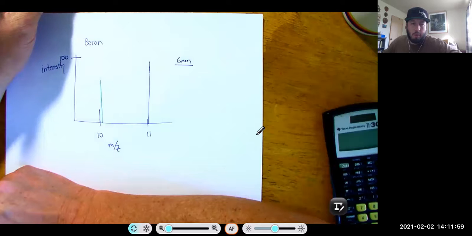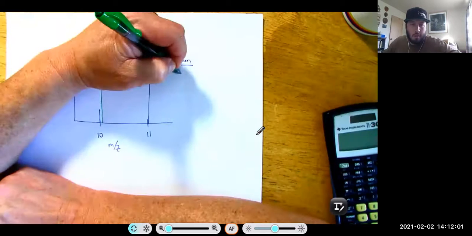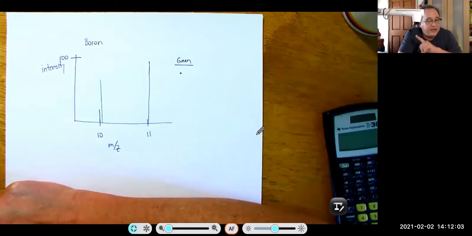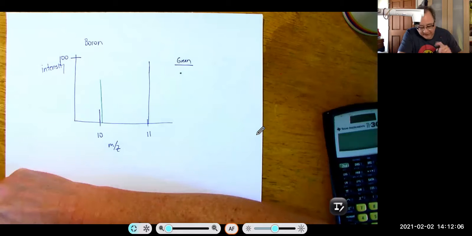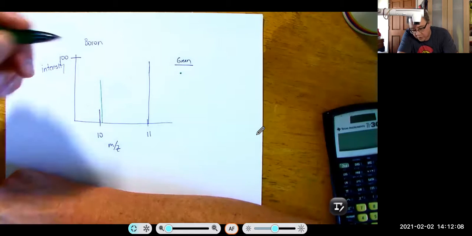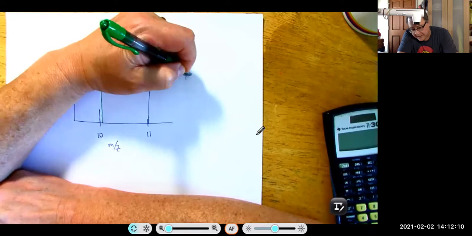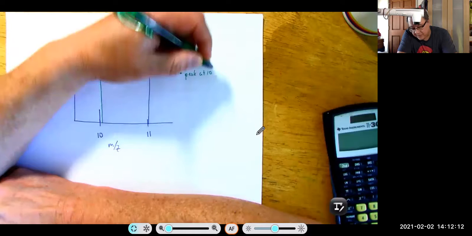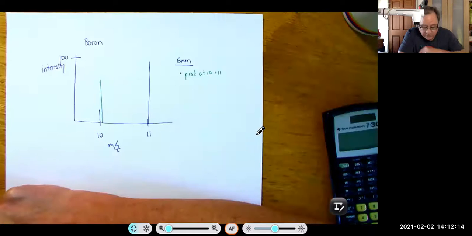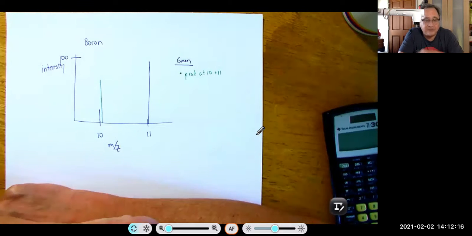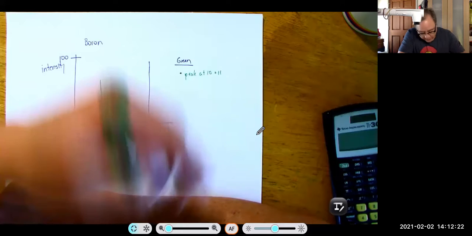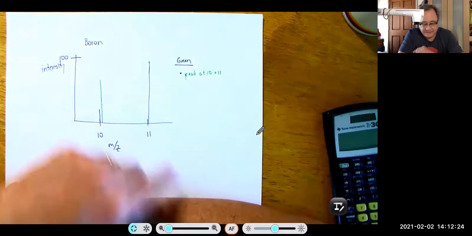Kept it below the value of 11. I would even go back a step and say, you know what? We got a peak at 10 and one at 11. And so did the generator, or the simulator, right? So we want to go to the fundamentals. We got the 10 and the 11 correct.